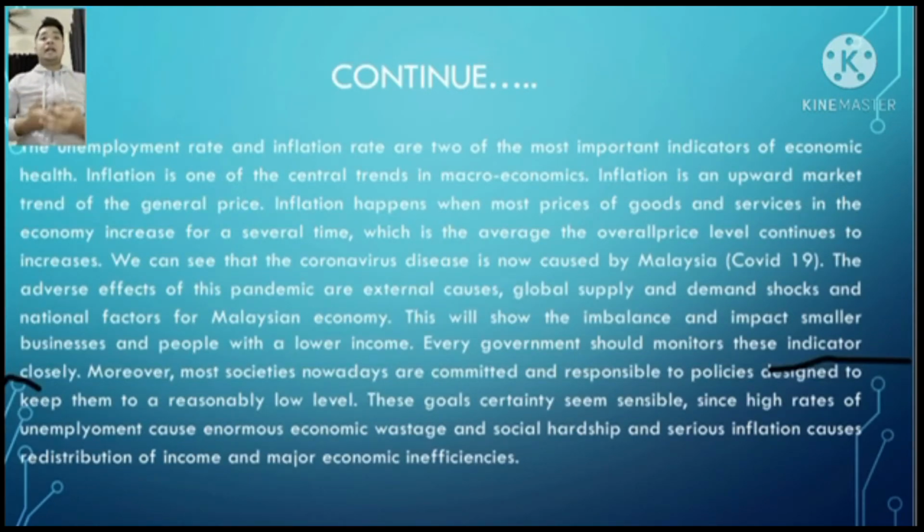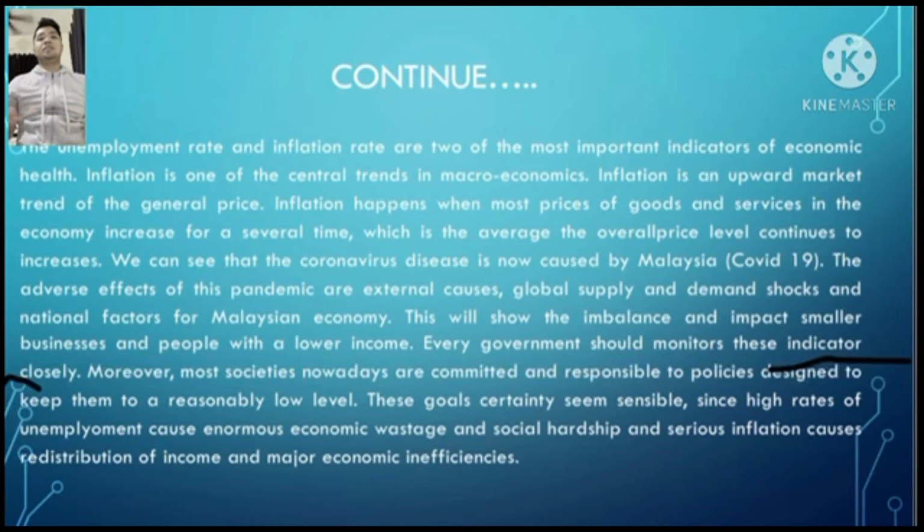The unemployment rate and inflation rate are two of the most important indicators of economic health. Inflation is one of the central trends in macroeconomics. Inflation is an upward market trend of the general price. Inflation happens when most prices of goods and services in the economy increase over some time, which is the average. The overall price level continues to increase.